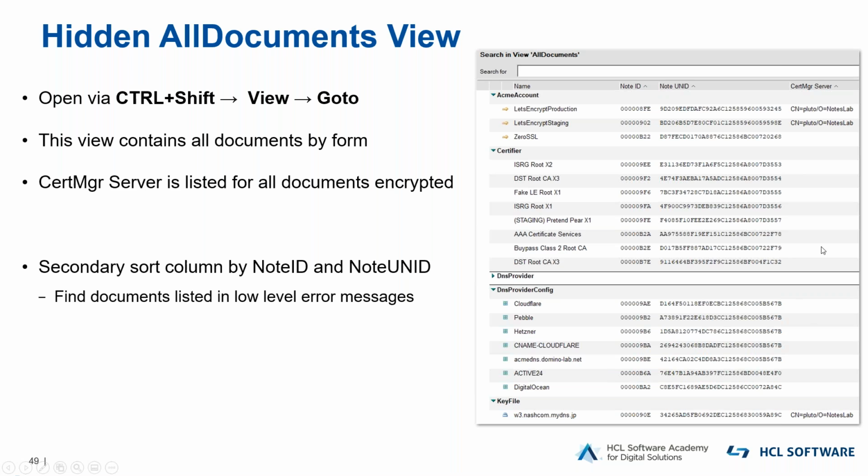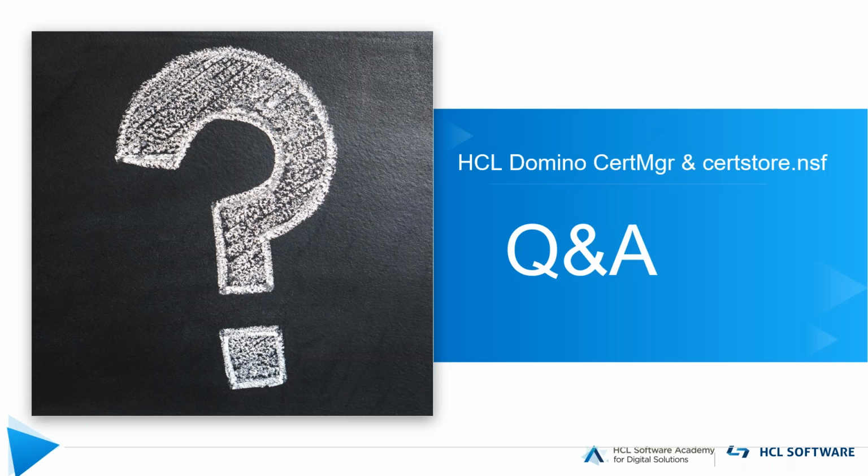So if you have issues with the encrypted documents, you can go in here and see if the Cert Manager server is right. So it's a hidden view. As with the usual hidden views, you just navigate to it through the magic keyboard combination, and you can see all the documents for your convenience.